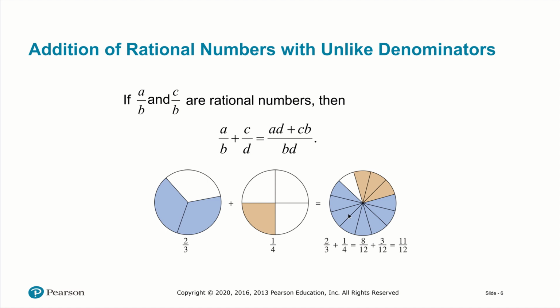And then it's possible to meaningfully combine those two fractions, with the 1/4 being represented here with 3/12 and the 2/3 being represented here with 8 of these being shaded, or 8/12. That's how we end up with 2/3 plus 1/4 being the same as 8/12 plus 3/12. Because the denominators are the same now, we can just combine the numerators and keep the common denominator, so we get 11 over 12.